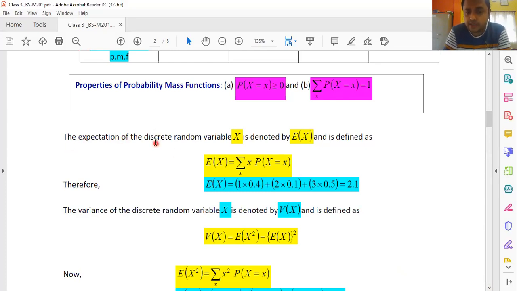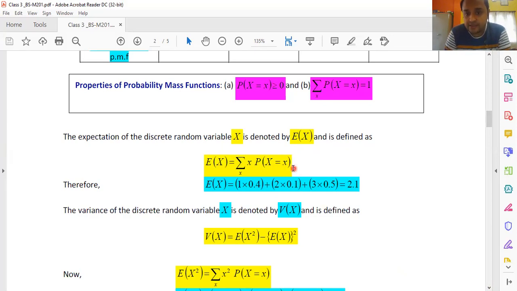The expectation of the discrete random variable capital X is denoted by E of X, and is defined as all the values which are present in the probability chart, which we denote by small x, multiplied by their corresponding probabilities, and all such products will be added together. That is called the expectation.